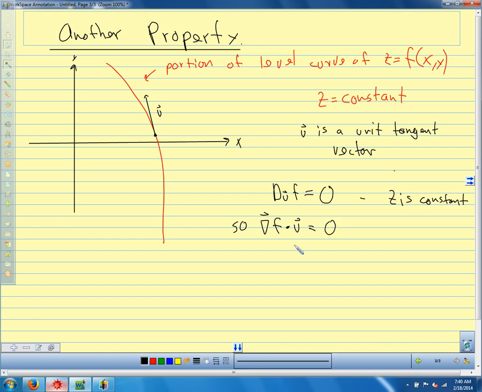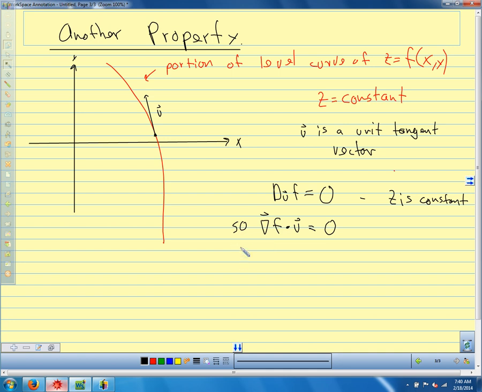What does this tell me about del f and u? If the dot product is 0, they are, what was it? Perpendicular? And for vectors we call them orthogonal. So del F, and still 2 dimensions, we usually use orthogonal for vectors and surfaces.